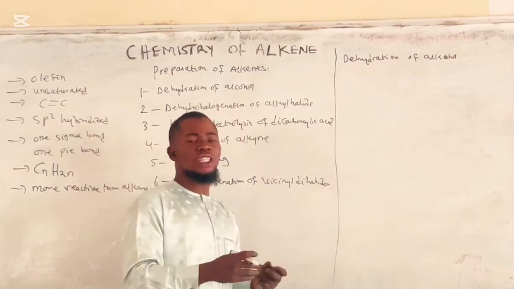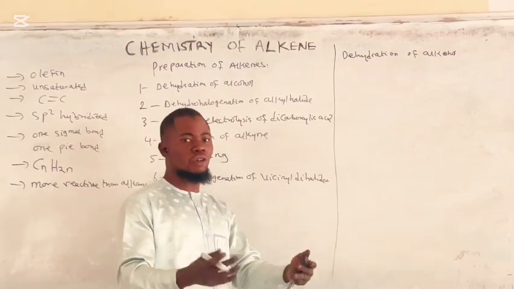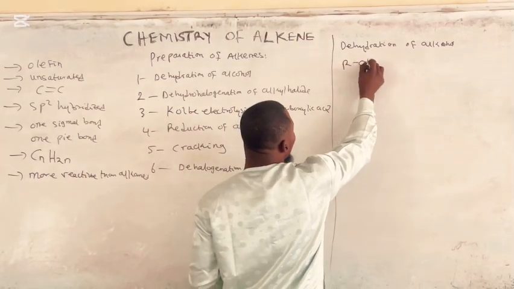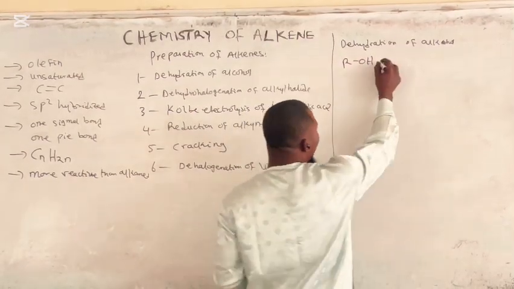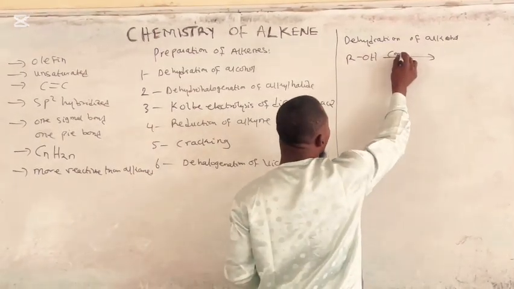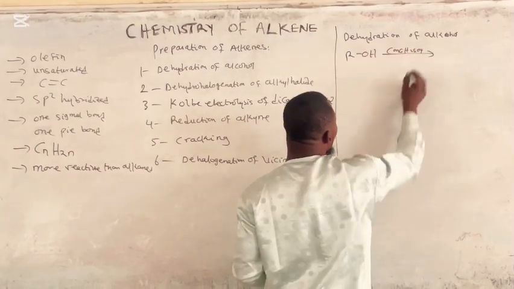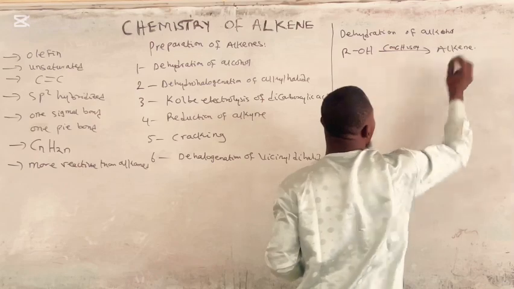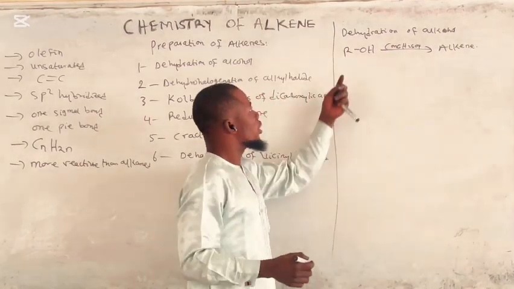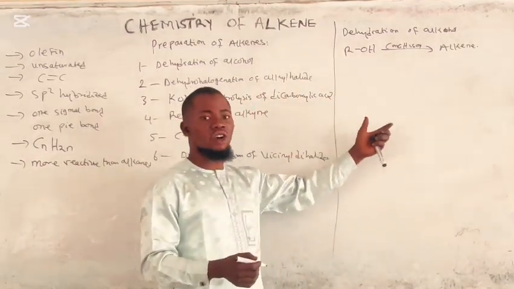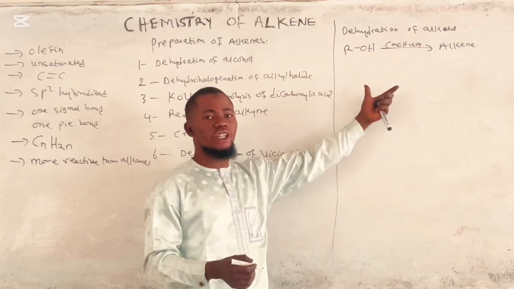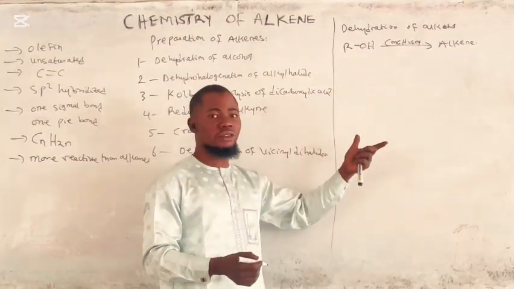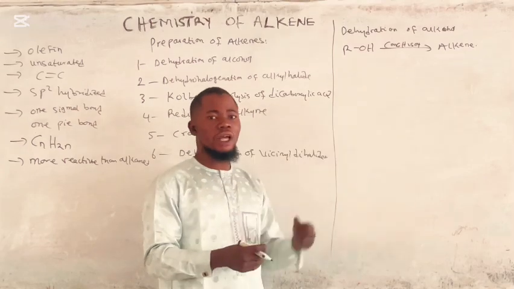Dehydration of alcohol simply means removal of water from alcohol, and its pattern of reaction is: if you have ROH in the presence of concentrated H2SO4, you will have an alkene. The concentrated H2SO4 serves as a dehydrating agent, thereby leading to the preparation of an alkene.